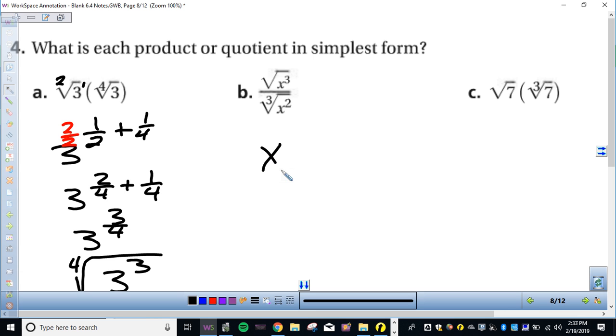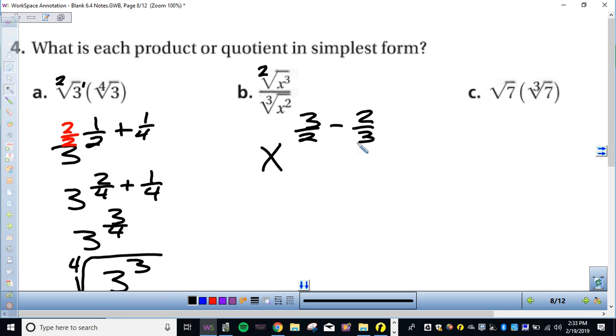So the numerator is x to the what power? Nope. Nope. When there's not, yeah, good. 3/2. Right? When there's nothing in the little index, put a 2 there. So it's 3/2 minus what? 3/2 or 2/3? 2/3 right here.